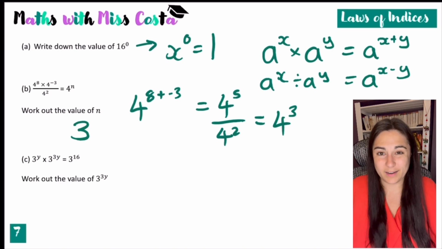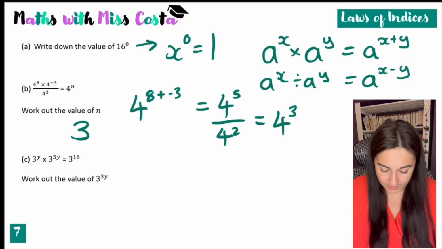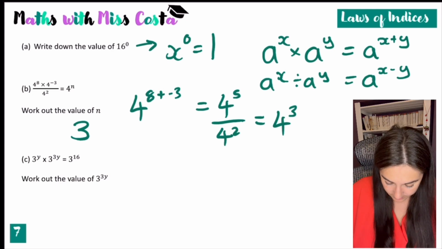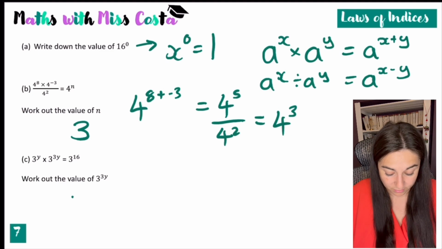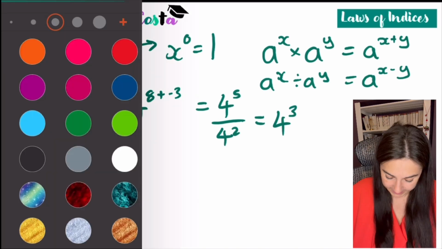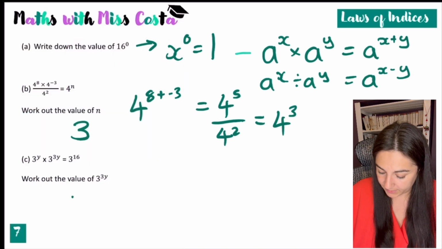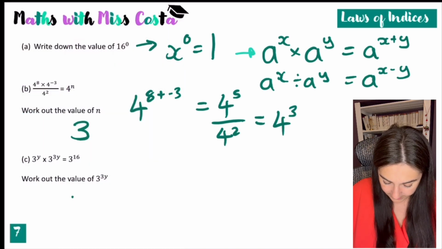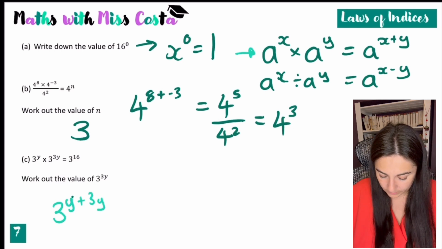Now over here, I've got a little bit of a trickier one. So I know that 3 to the power of y times by 3 to the power of 3y is 3 to the power of 16. The laws of indices state that when you are multiplying indices, you add the powers. So therefore I know that 3 to the power of y plus 3y must give me 3 to the power of 16.